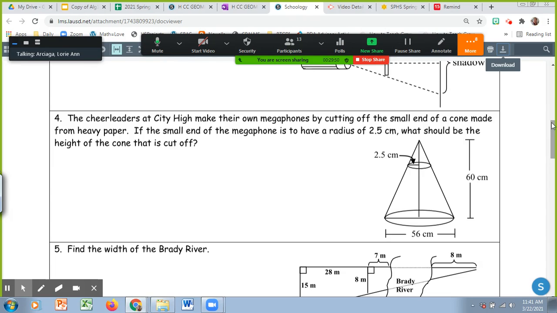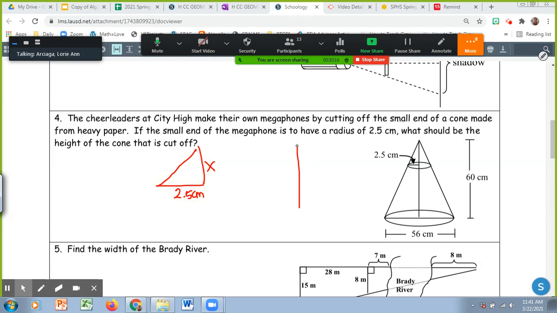Okay, so in other words, you're comparing this small triangle here with a radius of 2.5. Sometimes it's easier for me to just draw than to trace. Okay, so this is 2.5 centimeters, and they're looking for the height of the cone that will be cut off.